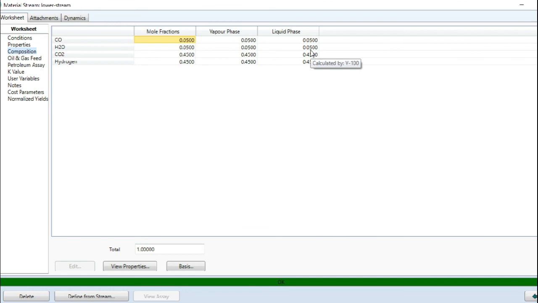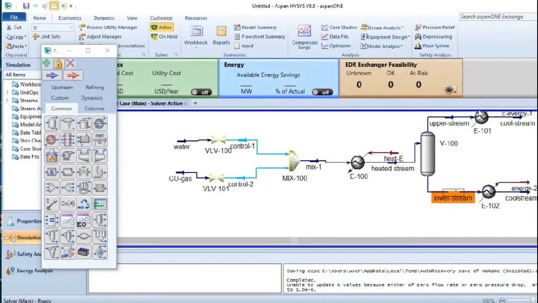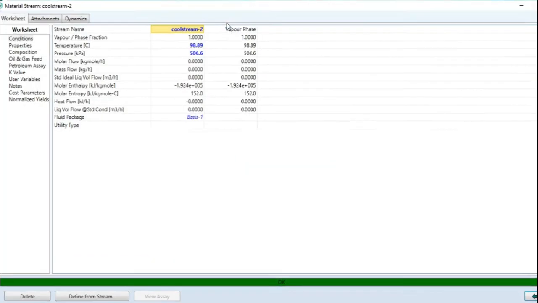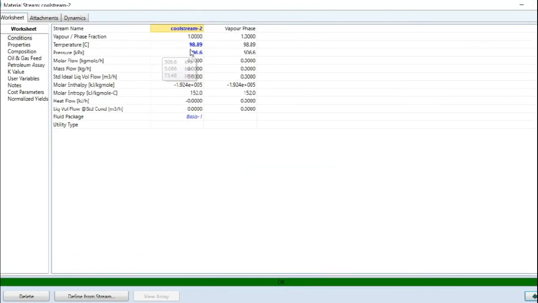Typically they are the same. So after the lower stream has been cooled, the temperature is 98.89 degrees Celsius and the pressure 506.6 kilopascal.